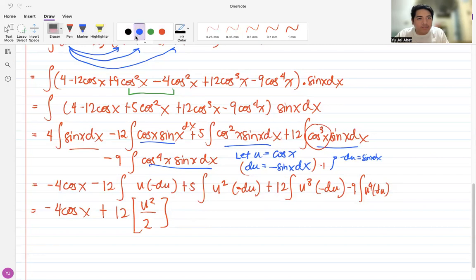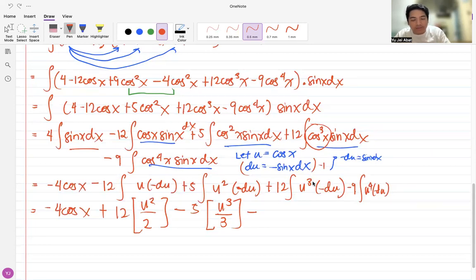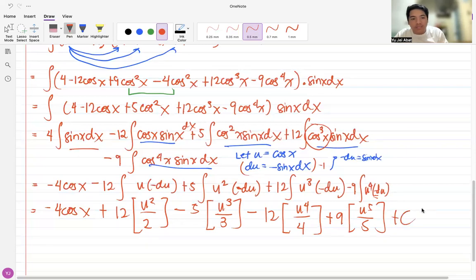So that becomes negative 5 u cubed all over 3. Minus, again because of this negative multiplied by positive 12, it's minus 12 u raised to 4 all over 4. And lastly, this becomes positive 9 because of the negative du here and negative sign here, so this becomes u raised to 5 all over 5 plus c.